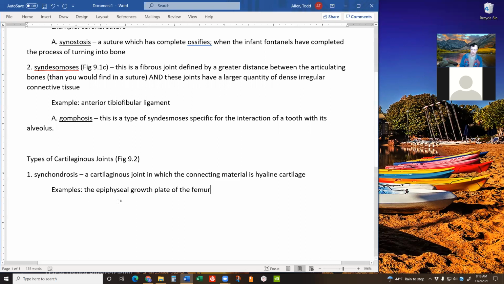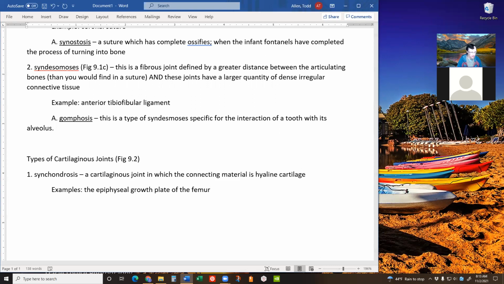The epiphyseal growth plate of the femur is an example. You also see there in the left picture the joint between the first rib and the manubrium. That joint is also an example of a synchondrosis.